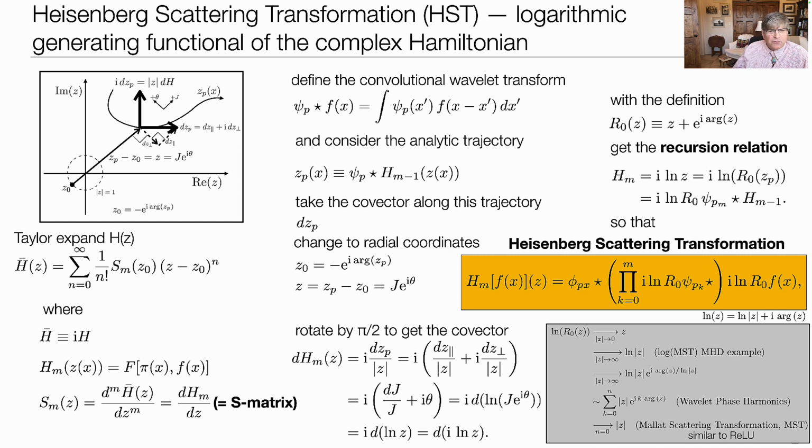Now, with respect to the construction of the Heisenberg Scattering Transformation, first of all, you need to know that it's a logarithmic generating function of the complex Hamiltonian, and that we do this, as I advertised on the previous slide, by Taylor expanding the Hamiltonian, where the expansion coefficients are the S matrix.